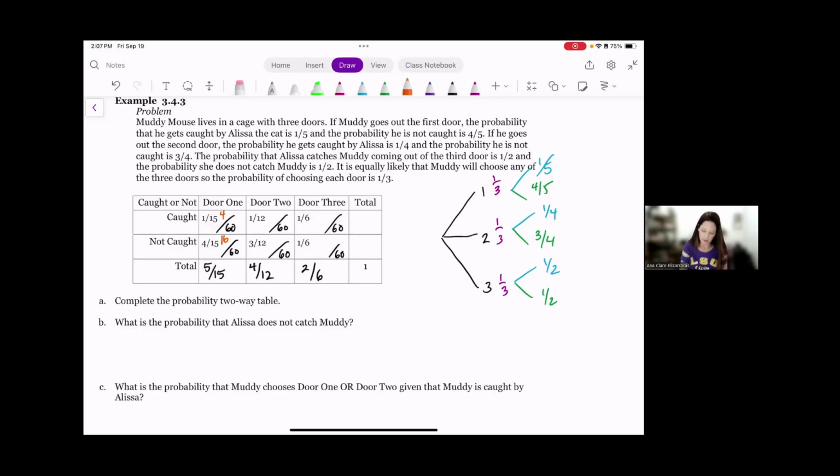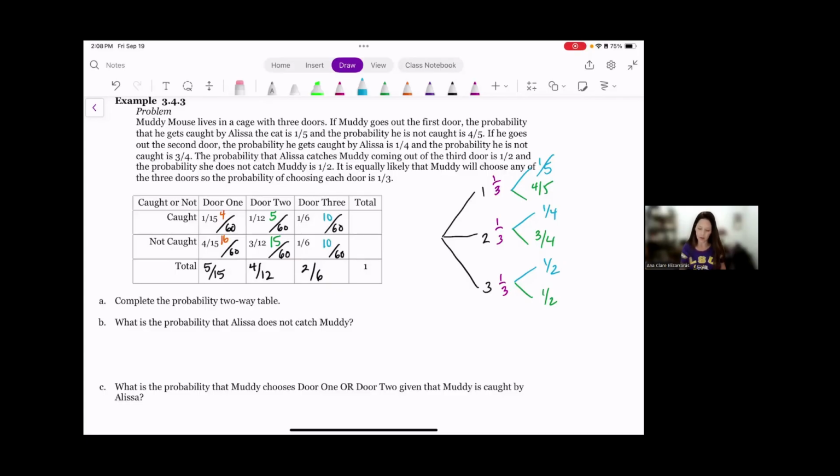In terms of the next column, 12 goes into 60 5 times. So 12 times 5 is 60, 1 times 5 is 5. 12 times 5 is 60, 3 times 5 is 15. And then 6 goes into 60 10 times. So 6 times 10 is 60, and 1 times 10 is 10. 6 times 10 is 60, and 1 times 10 is 10.